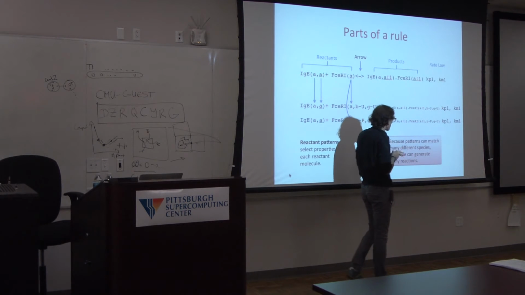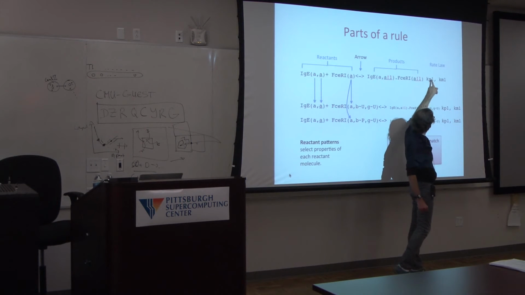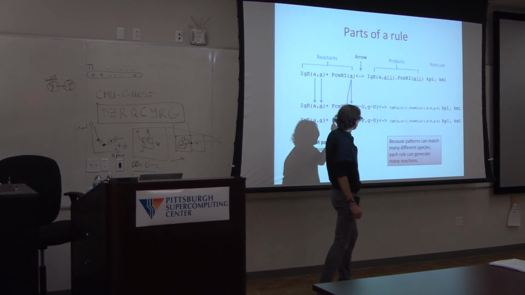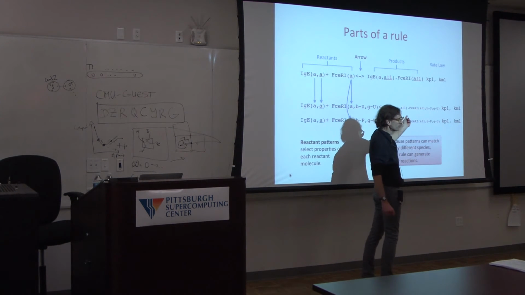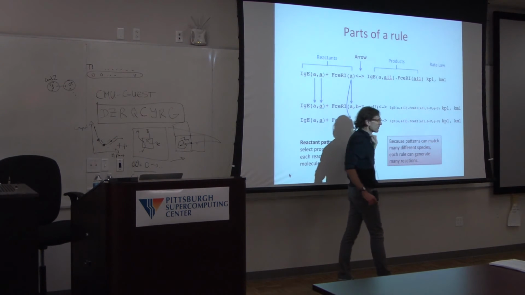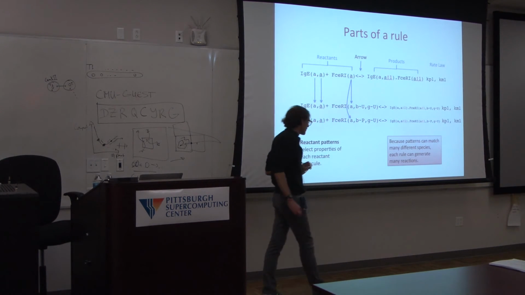If I want to hedge just a little bit, I could say the same rate constant functions, because these can be functions of anything in the system. It's possible for these to be functions of the specific reactants involved in this rule, and in that way, these functions could apply differently depending on the specific reactions that are involved. But that's a very advanced usage scenario at this point.